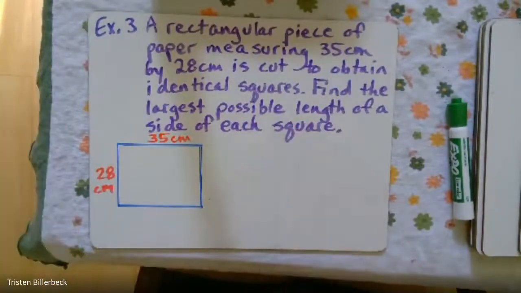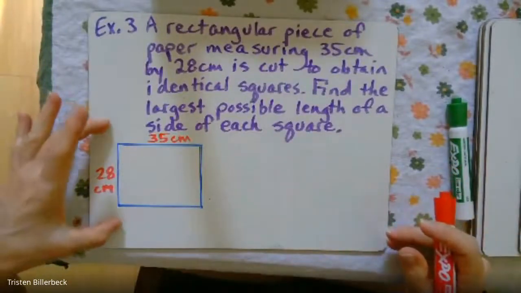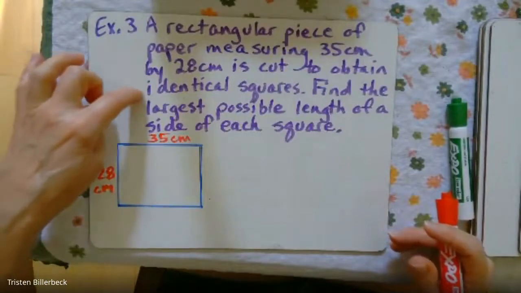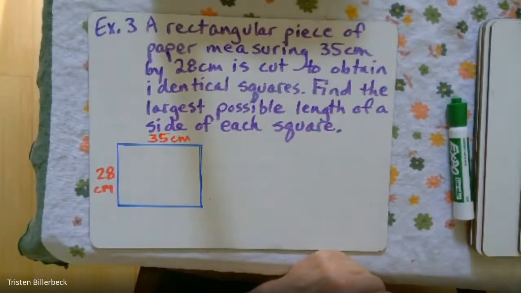A picture is worth 1,000 words. When we have this, we want to cut identical squares. What do we know about squares? We know the lengths of their sides are the same. So we need to find a common length. So find the largest possible length of a side of each square.